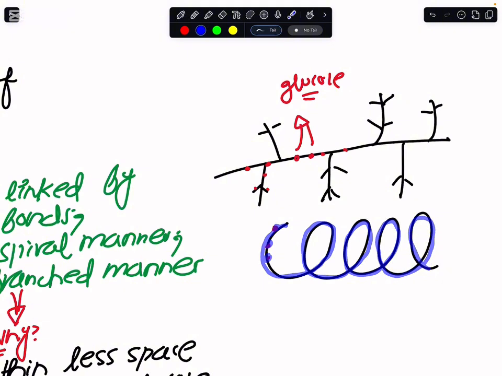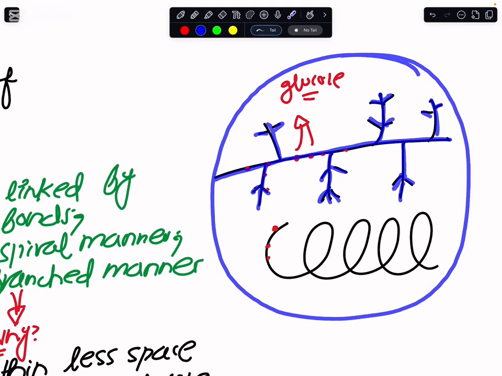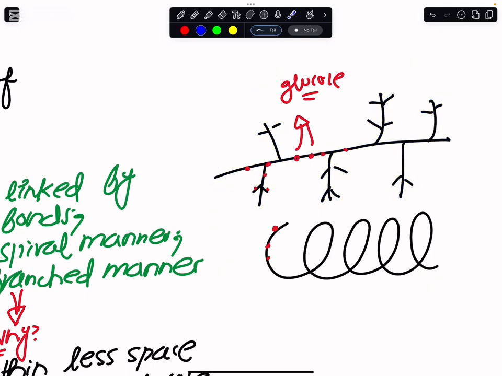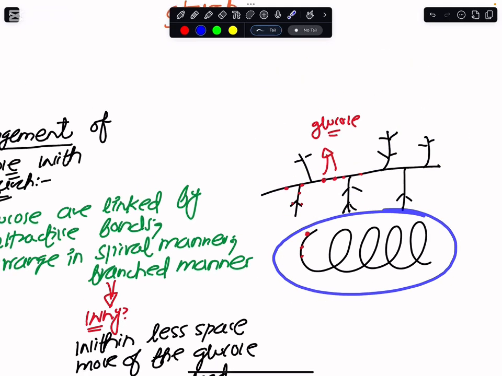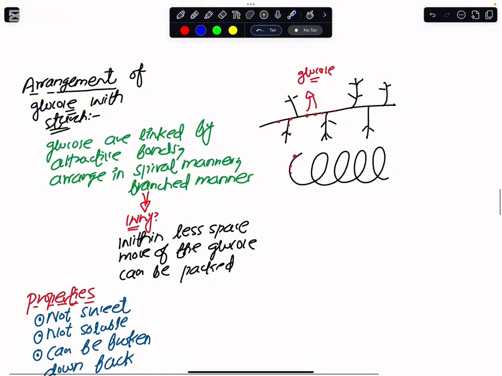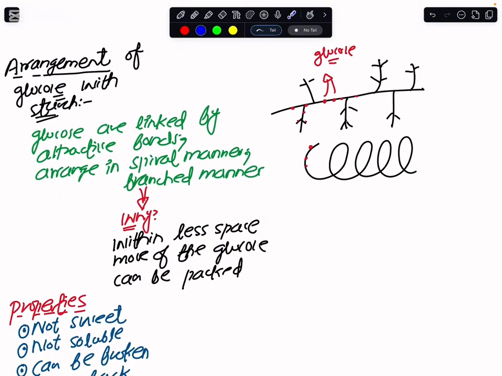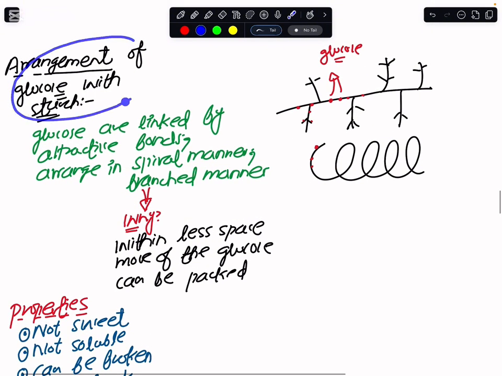The other way could be that I take the glucose molecules and keep on linking them with one another, and I could also add some branches to it in the form of glucose linkages, attached in a branching manner. So this is how the starch is stored in plants, either in the branching manner or in the spiral manner.